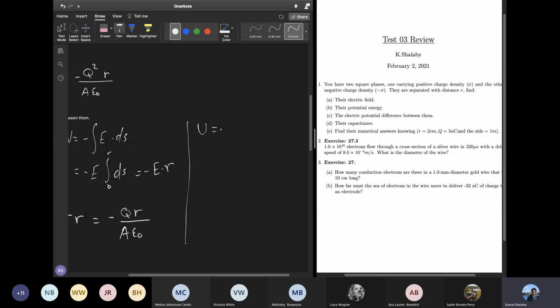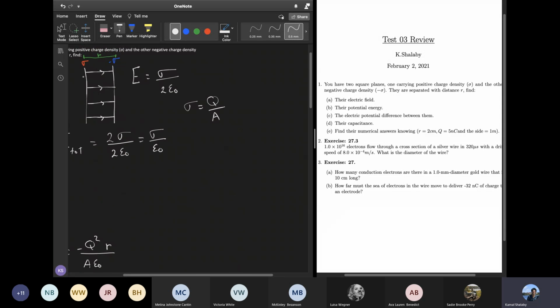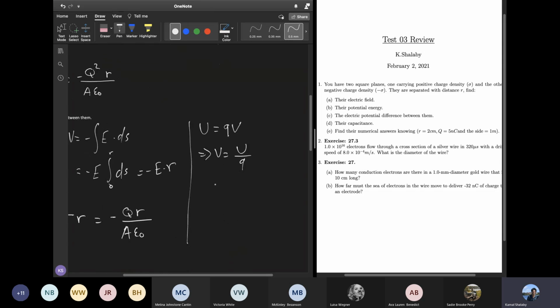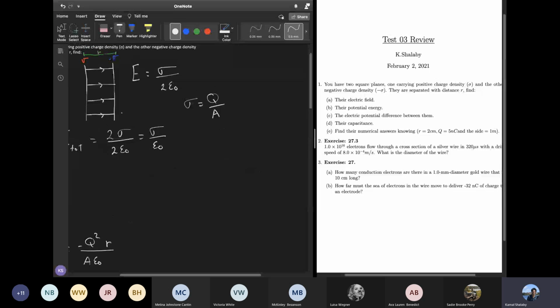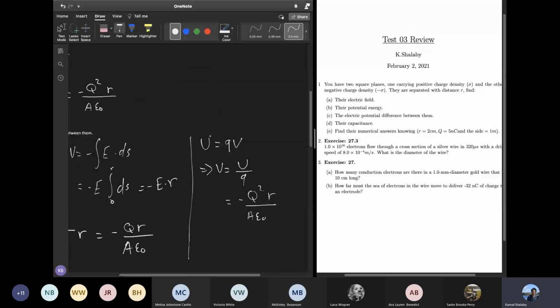So that also means that V in itself is equal to U over Q. So again, if we were looking from the point of view of the positive plane, then we would have U equal to negative Q squared R over A epsilon naught, divided by Q. And this Q represents the charge of the negative plane, just again, big Q. So the Q's will cancel.